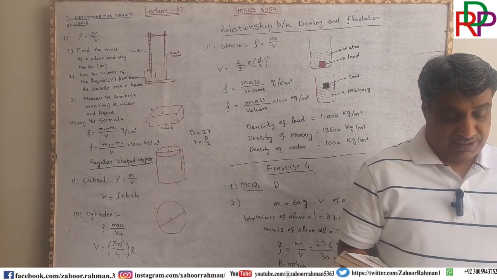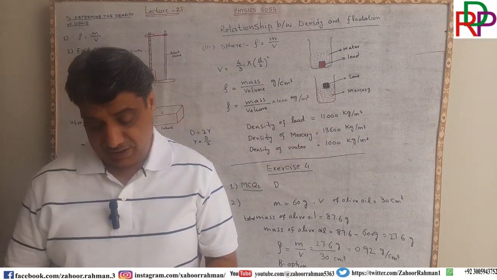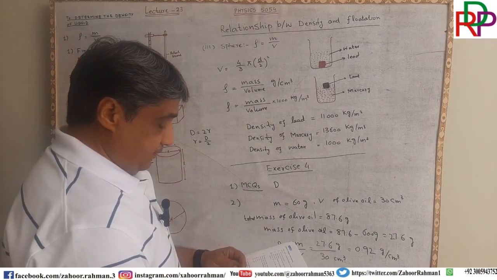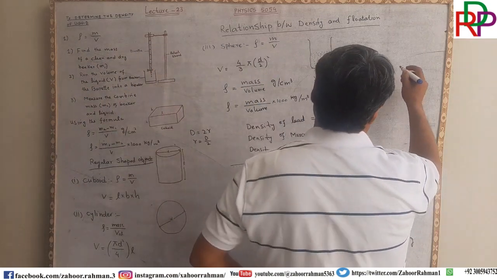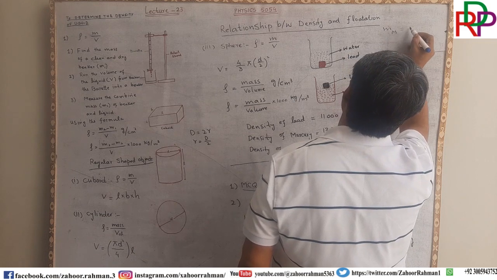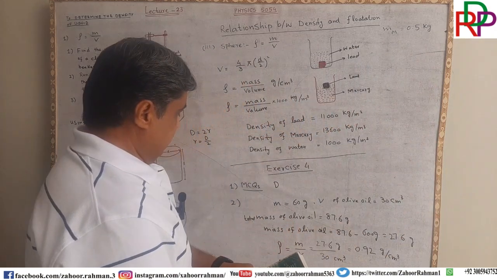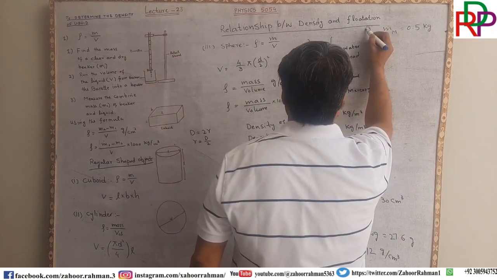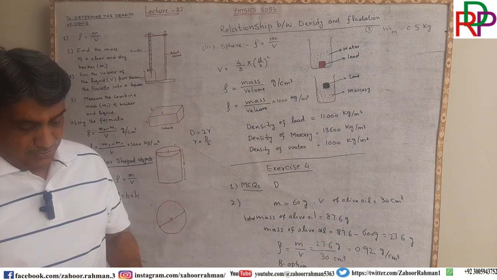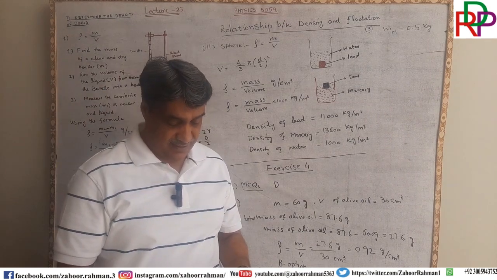Okay, the third MCQ is saying a rock on the moon has a mass of 0.5 kilogram. Mass on the moon is 0.5 kilogram. And it is brought to the earth where the gravitational field is stronger.